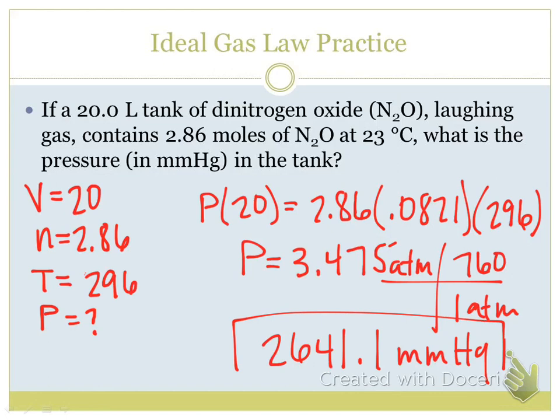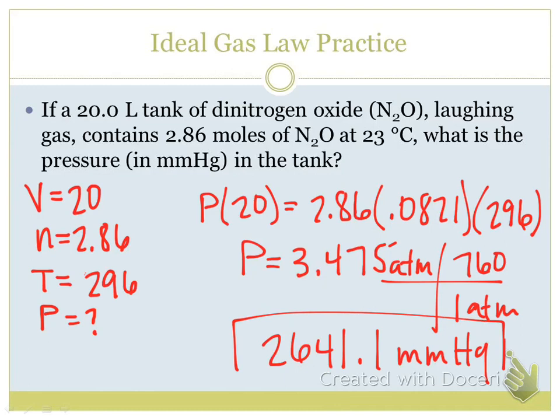Or close to that? Good. So the conversion of your pressure unit comes at the very end, right? You don't convert that until the very end because your answer will come out in atmospheres. Then you just convert from there to millimeters of mercury. Okay, questions about that?